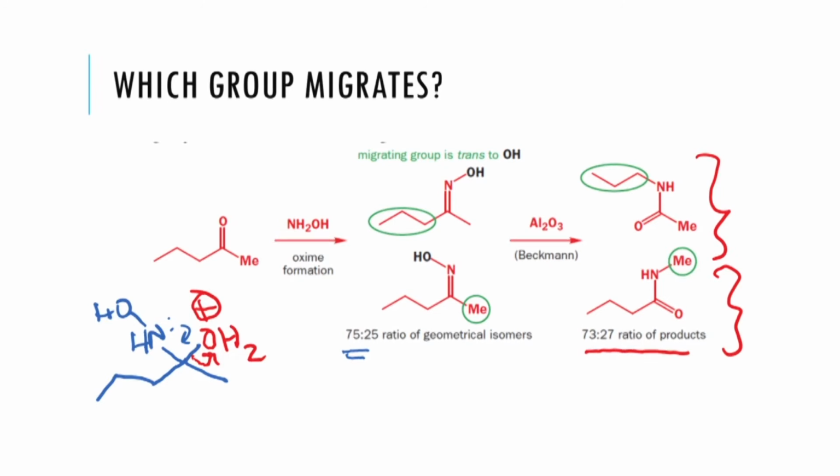So if this Beckmann rearrangement occurs in a stepwise manner, that is, first this bond breaks, and then two fragments are produced, and then they recombine to give you the product, then all bets are off. The ratio can actually be anything. But since the ratio of the oxime isomers is maintained in the product, it seems like the group that is trans to the hydroxyl group migrates.